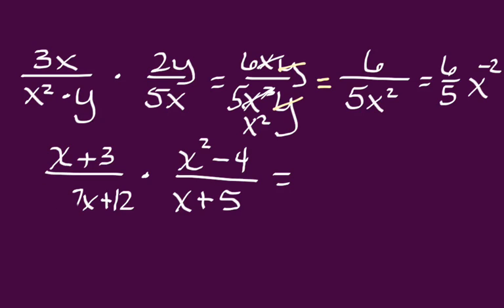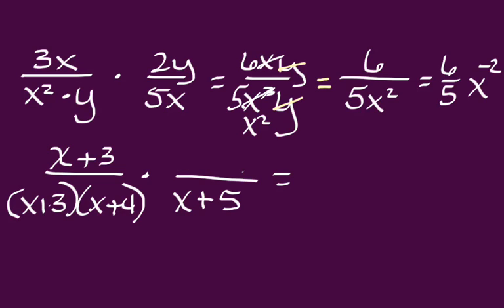This is equal to x plus 3, x plus 4. And x squared minus 4 is the difference between 2 perfect squares. So it's x plus 2, x minus 2. Now at this point in the game, I'm going to list the restrictions.